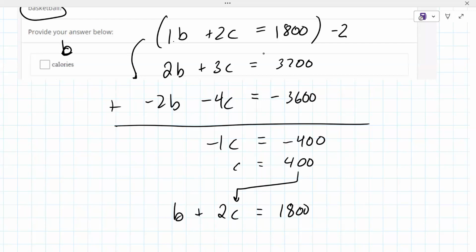So I would divide by 1800. I'm sorry, say that again. I would divide my answer by 1800. No, you're putting 400 in for C, multiplying by 2. Yeah, I got 800. And then you're going to move that number to the other side of the equation.